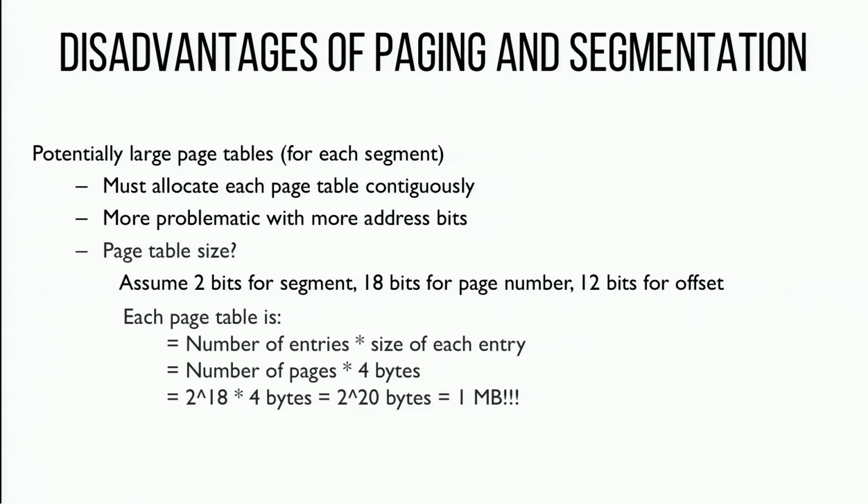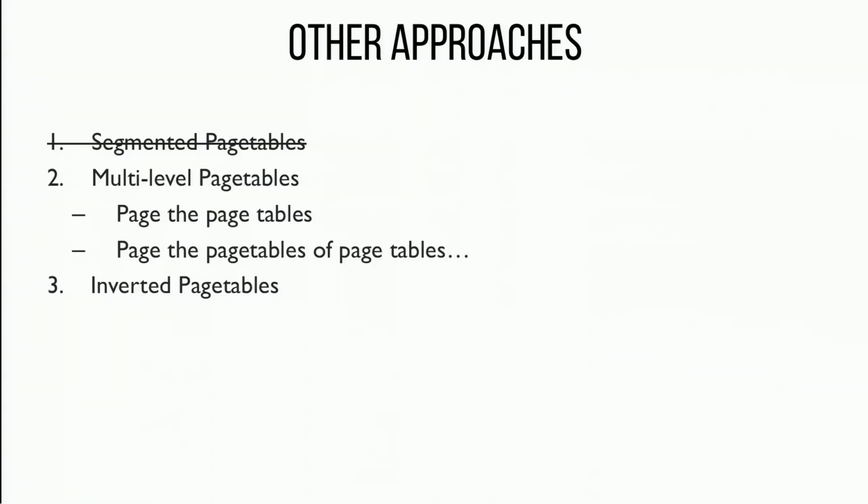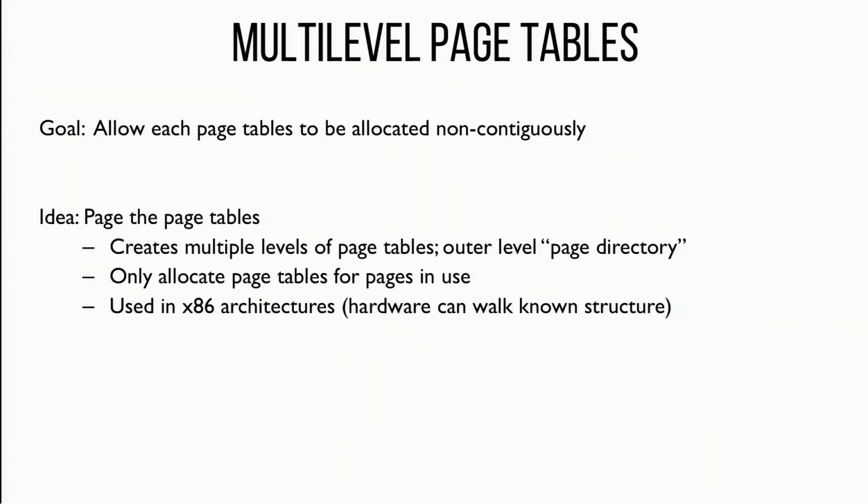So we do not want to have a 1 megabyte page table and just allocate that in physical memory, because then we have to find 1 megabyte that's free, and it's hard to do that contiguously. So we want to page the page tables so that we chop this 1 megabyte up into 4 kilobyte chunks, and then those 4 kilobyte chunks can be placed wherever we want, just like every other page can. Okay? So we are going to get into how to do this.